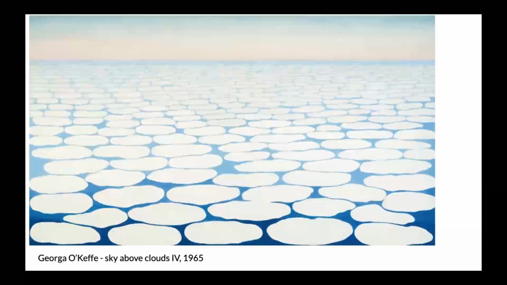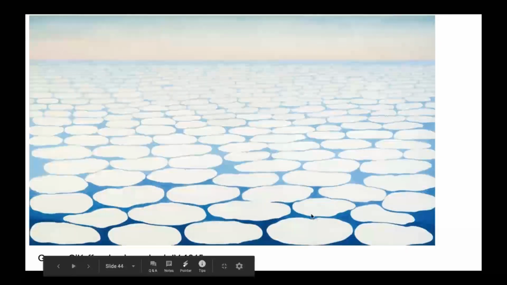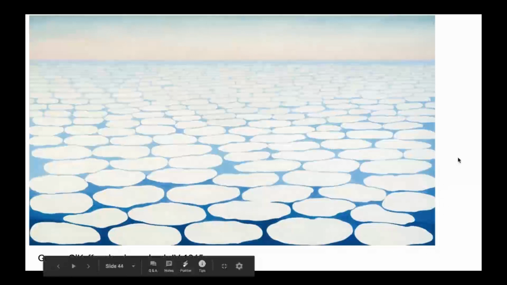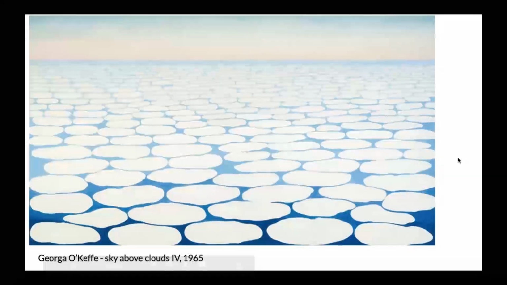This is Georgia O'Keeffe, 20th century painter. Her work is immensely popular. What she would do is take everyday life, living out in the Southwest, and make an abstract. This is her painting after reacting to flying in an airplane.